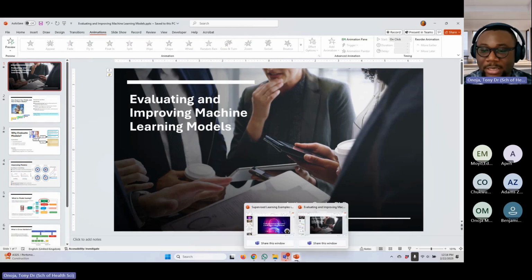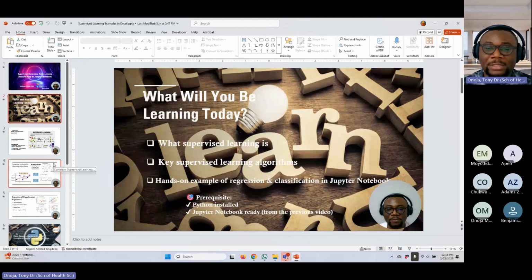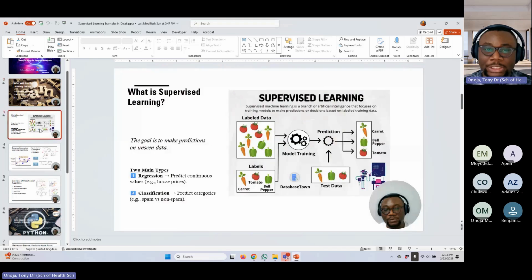So last week we kind of briefly, let me just make a recap from our last class. Last week we started talking about more of the concepts of supervised learning. Basically, we focused on the regression and classification techniques, and we highlighted some of the key methods in supervised learning.